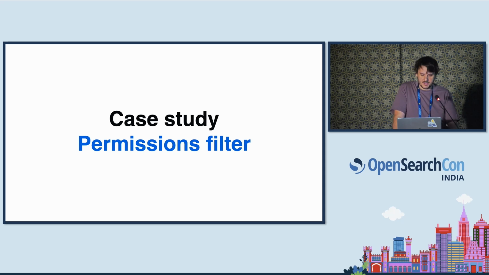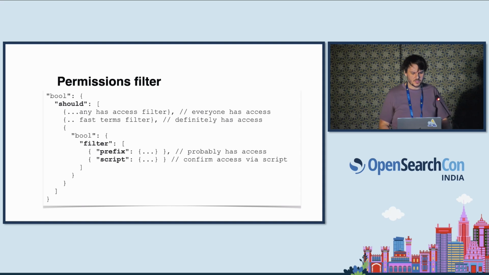So, a case study for permissions, our permissions filter. Just a little background, our permission filter looks roughly like this, in a very simplified view. We have some parts of our query where we want to identify fast access, things that we know the user definitely has access to. So they should either have, maybe everyone has access, and then cases where we know they definitely have access.